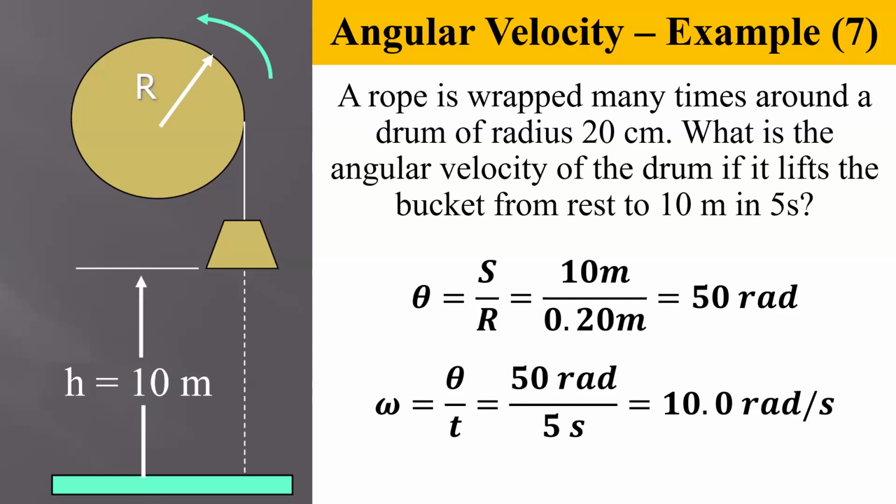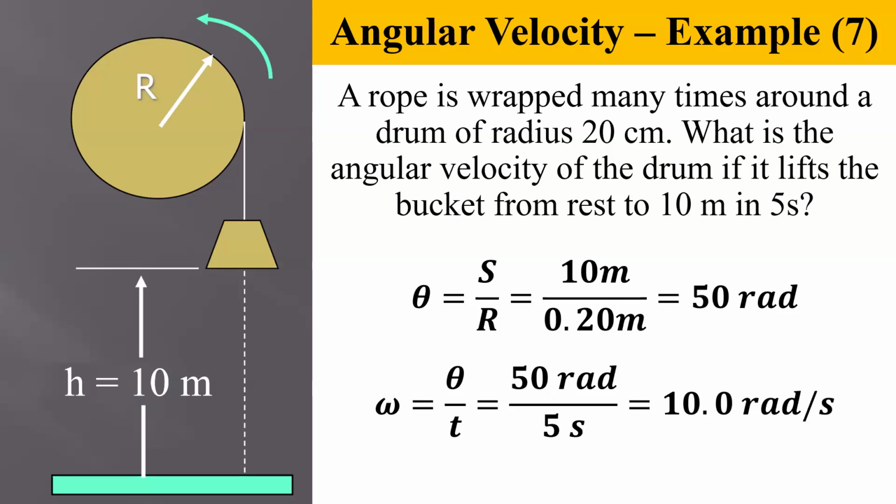What is the angular velocity of the drum if it lifts the bucket from rest to 10 meters in 5 seconds? This time around it is not 30, it is raised up to 10, and it does it in 5 seconds.